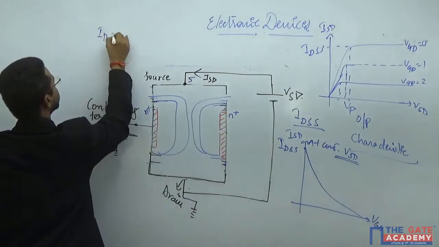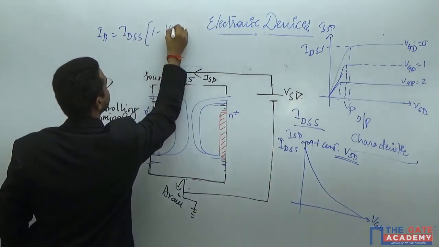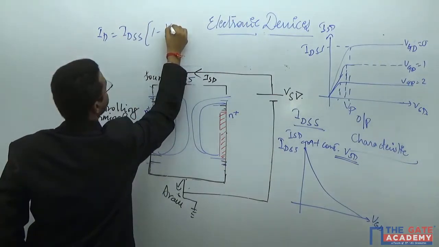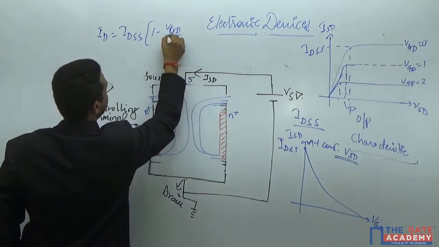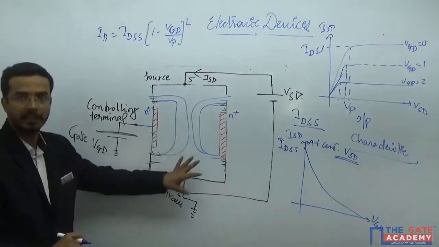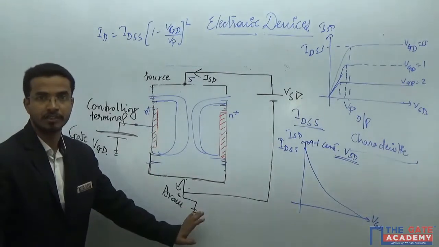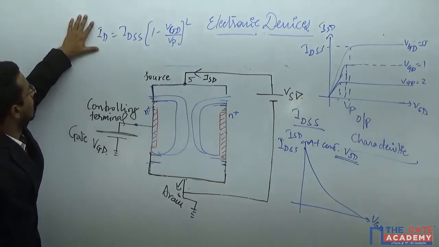The ID is equals to IDSS times 1 minus VGS divided by VP, to the whole square. Here I am only taking with respect to this particular device, because I have provided drain at the higher potential. Now see here, what is happening?